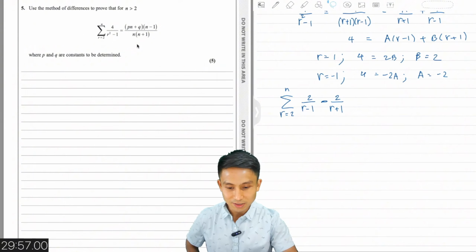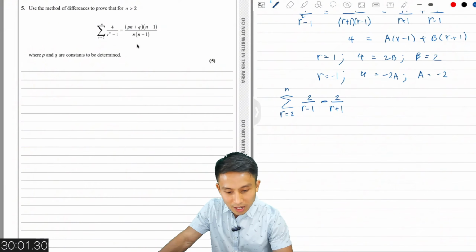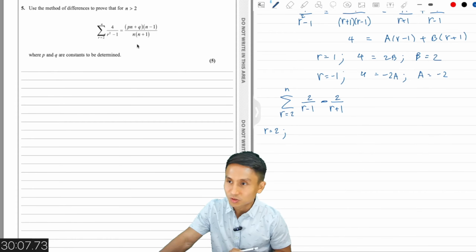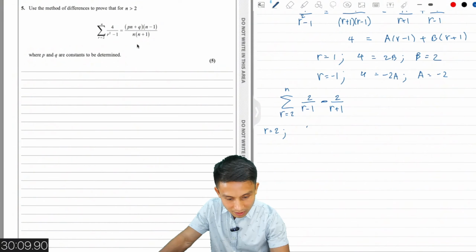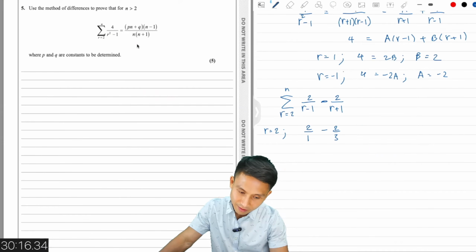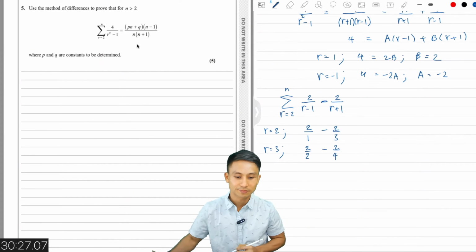Now we get this series instead, right? This formula. So if we substitute r equals 1, sorry, not 1, it starts from 2. So we need to start from 2. So r equals 2, we get 2 over 1 minus 2 over 3, right? If r equals 3, and then you keep going, you get 2 over 2 minus 2 over 4, right?